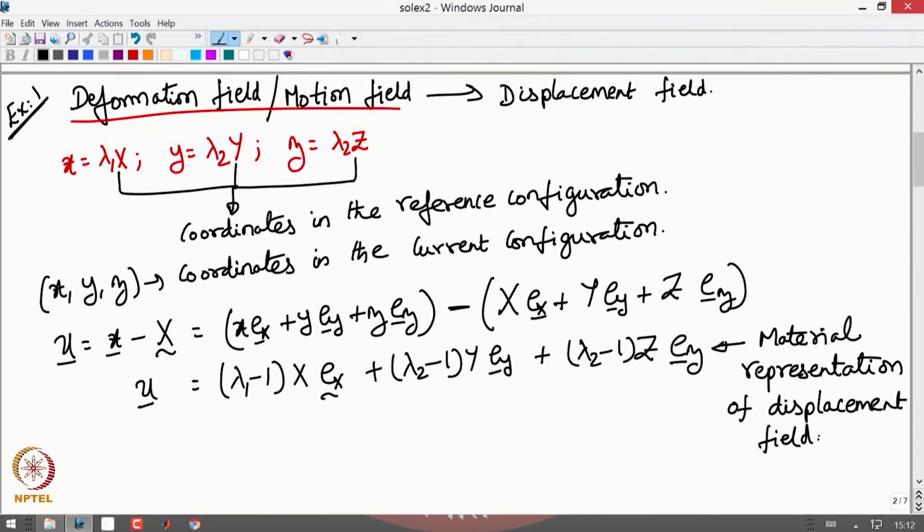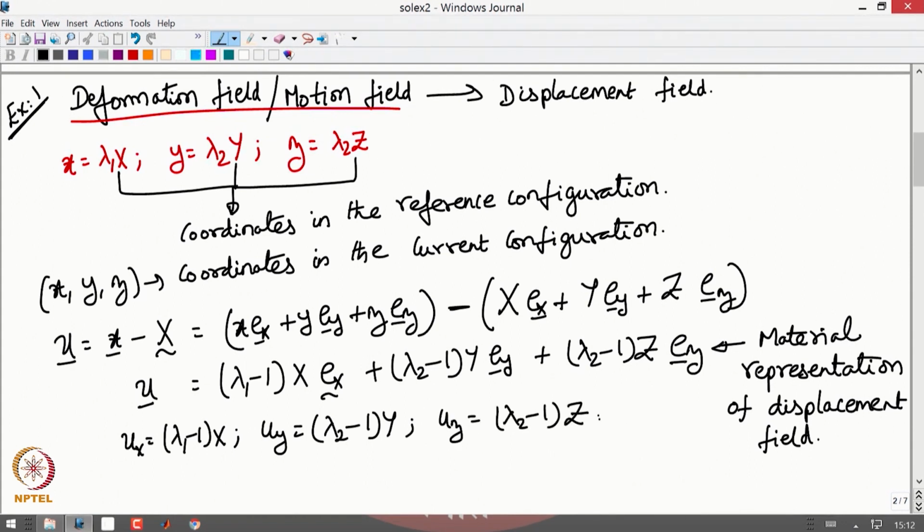Now, what is the u x component? U x would be lambda 1 minus 1 into capital X, u y would be lambda 2 minus 1 capital Y, and u z would be lambda 2 minus 1 capital Z. These are the components of the displacement vector represented in the material form.